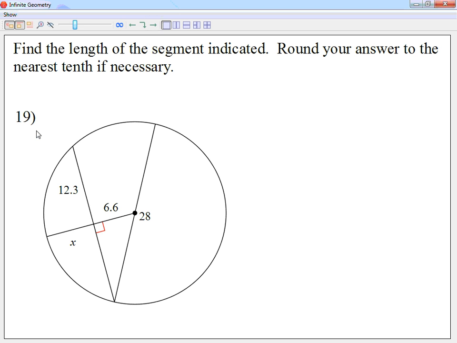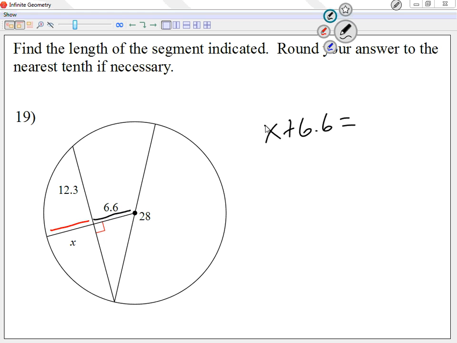But now, number 19, we're going to pick up the notch a little, because x is this little side. So I'm not going to say x equals 12.3, because this right here is 12.3, not x. However, x with 6.6, that's a radius. So I'm going to say x plus 6.6, that's a radius, and I'm going to let it equal the radius.